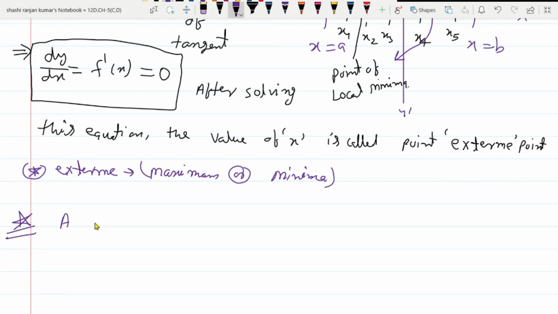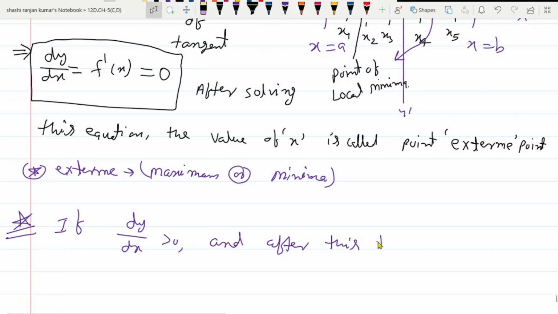So if dy by dx is greater than 0, and then after this the point will be a point of maxima or point of local maxima.